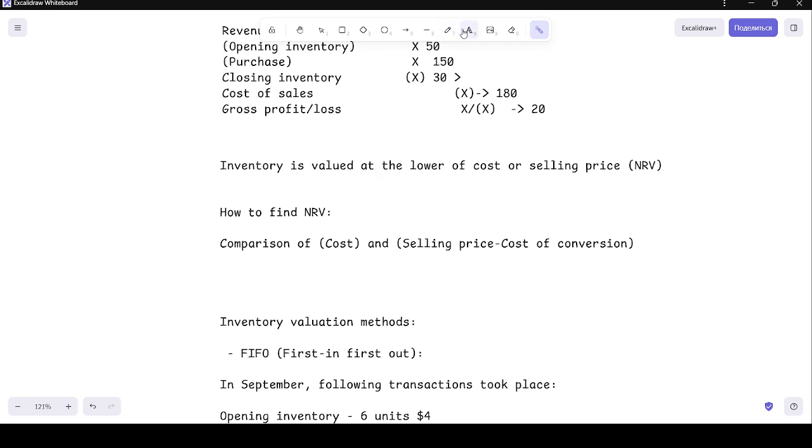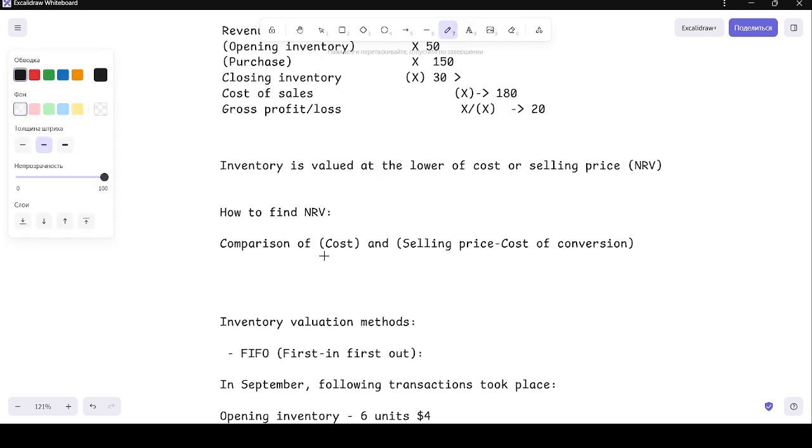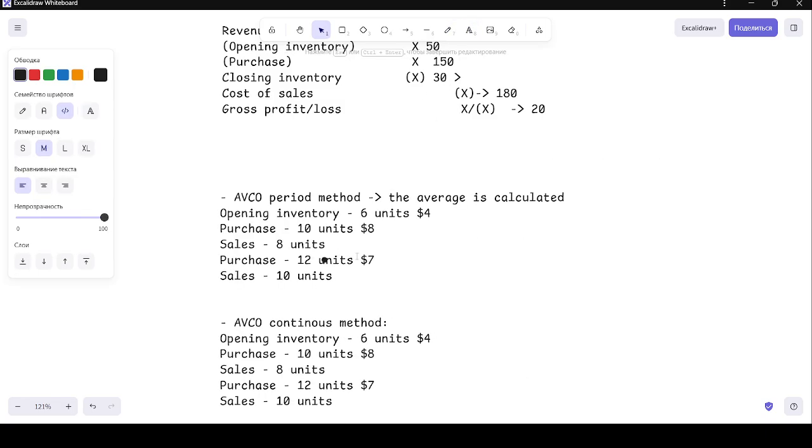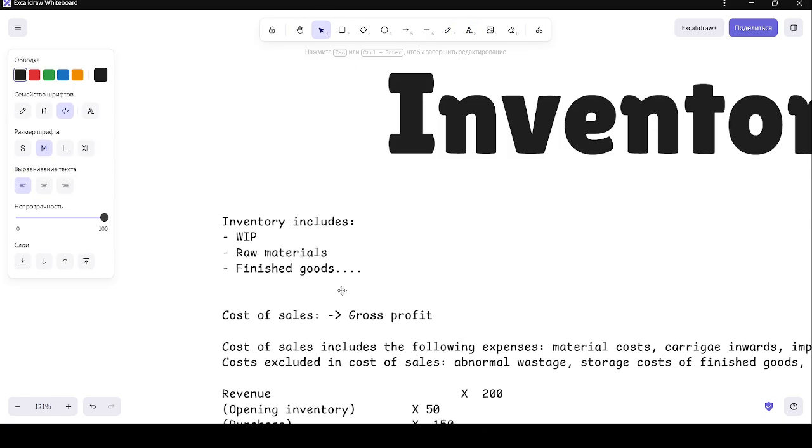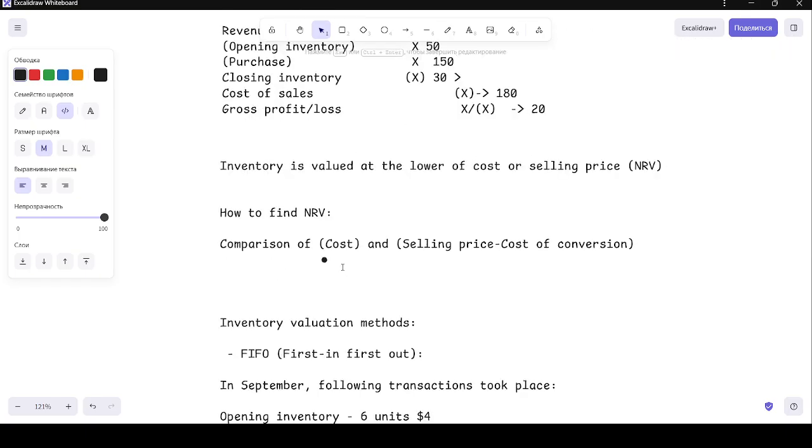For example, actually our inventory cost us $15, and we are selling this inventory for 25 if we convert it into the finished product after incurring $5.